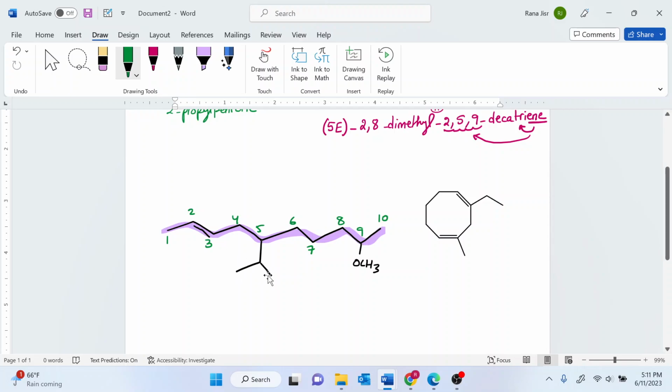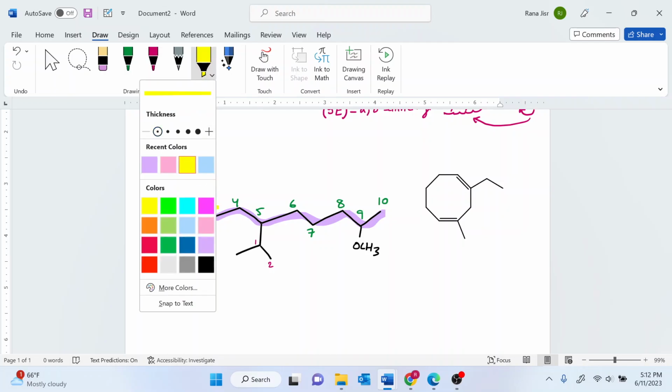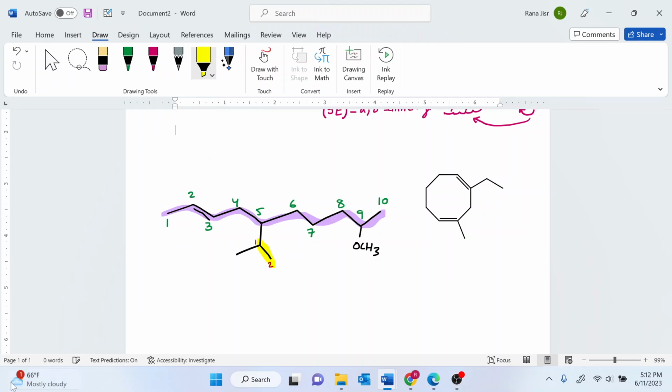Isopropyl is a common name. You can still use it in IUPAC if the given allows you to do so. The IUPAC name, this is going to be 1-methyl and an ethyl in this case.